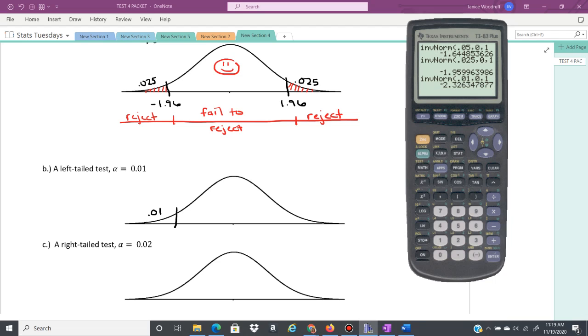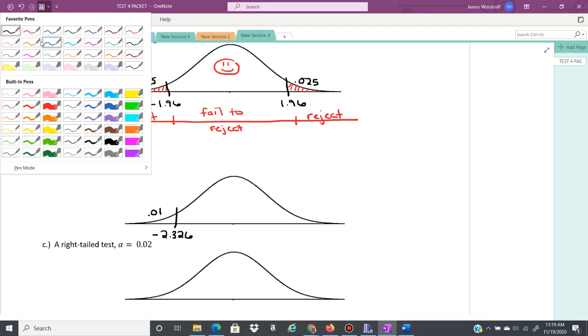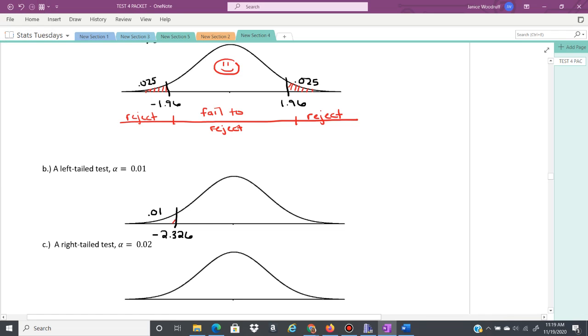So I get negative 2.326. Okay, which means that if I get a critical value less than negative 2.326, I will reject. If I get a critical value greater than negative 2.326, I will fail to reject.